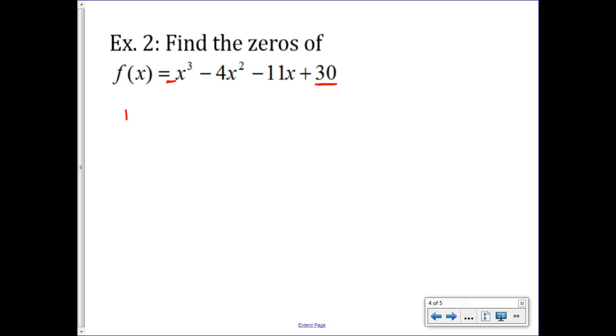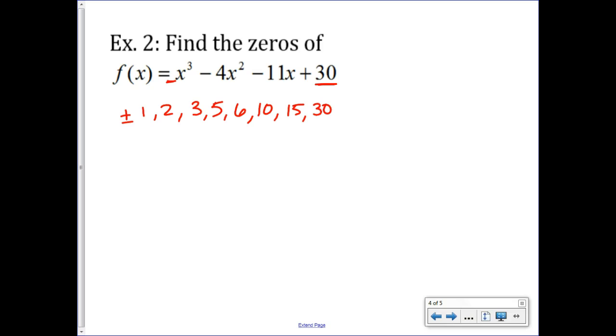So now all we're looking at are all of our factors of 30. 1 times 30 is 30, 2 times 15, 3 times 10, 4 doesn't work, 5 times 6. Now we're wrapping back around to 3 and 10, 2 and 15, and 1 and 30. So here are all of our options, plus or minus of all of these.